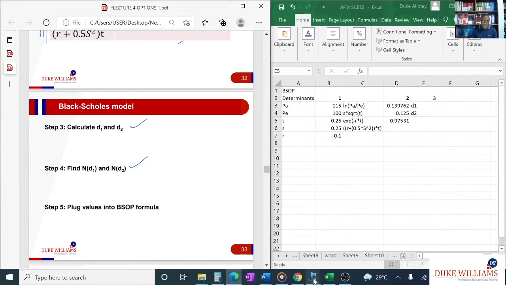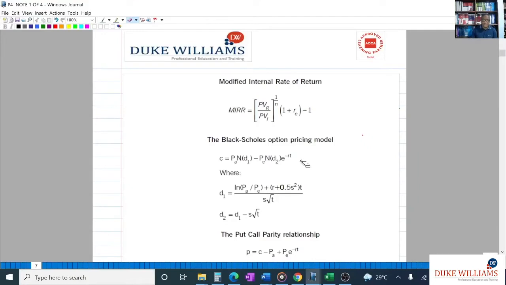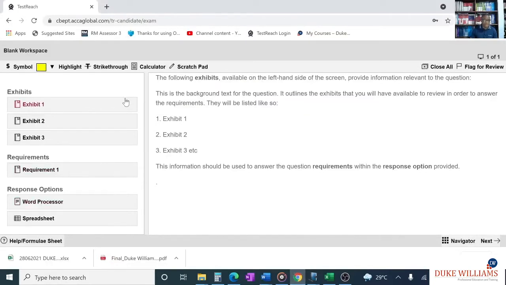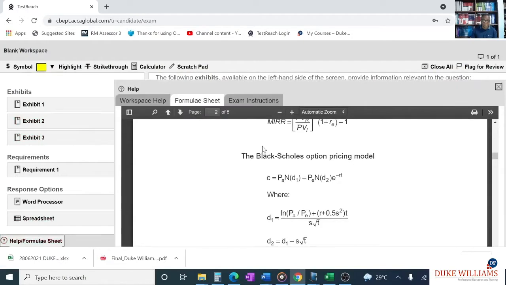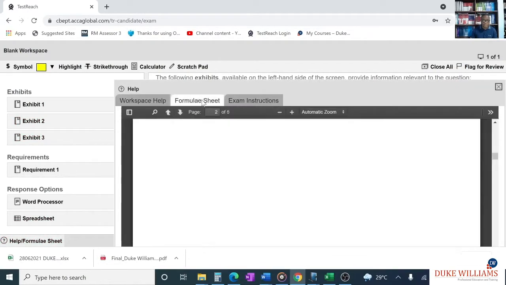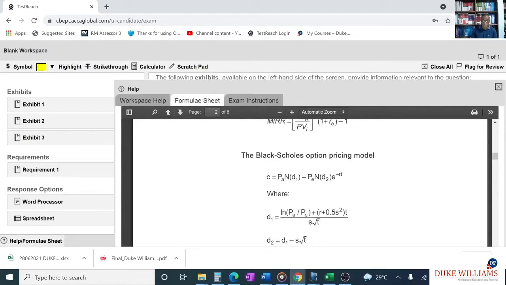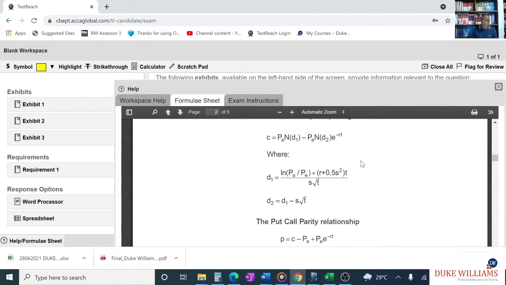Now we know from the ACCA formula sheet, we can actually find this formula sheet from here on your platform. So come here and hit the formula sheet, and you can see that there. So that's the workspace, that's the formula sheet, and so Black and Scholes option pricing model for valuing European call options.